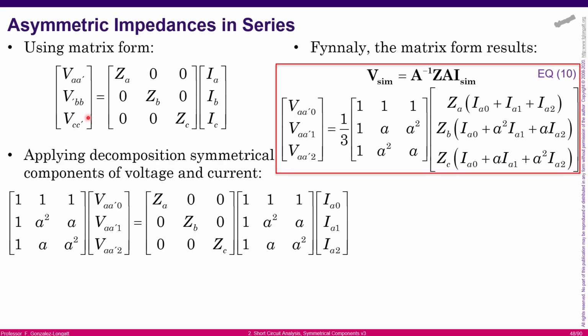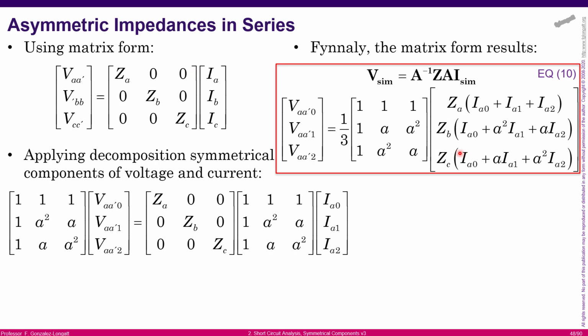Now, what we need to do is create a matrix representation. The voltage drop on the series on lines A, B, and C is the product between impedance and the current. And then we can write here the symmetrical components, zero, positive, negative sequence for those voltages, and then zero, positive, and negative sequence for the phase currents on line A, okay?